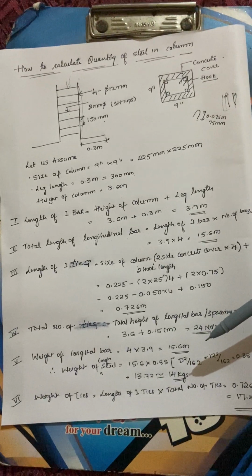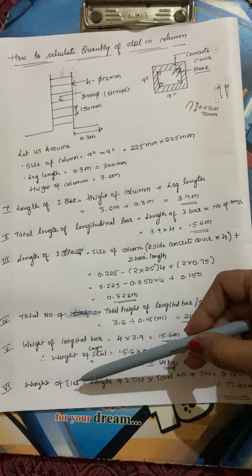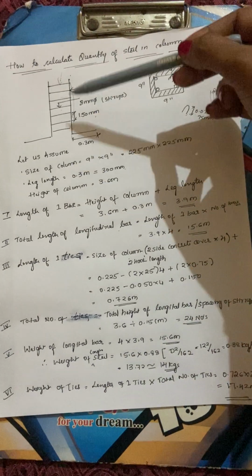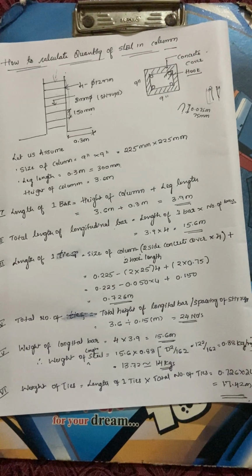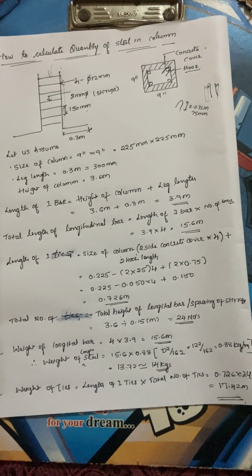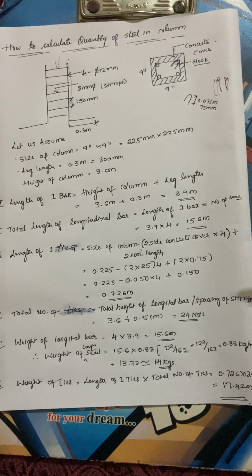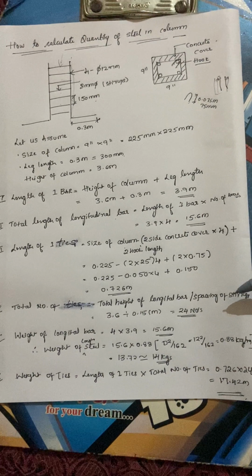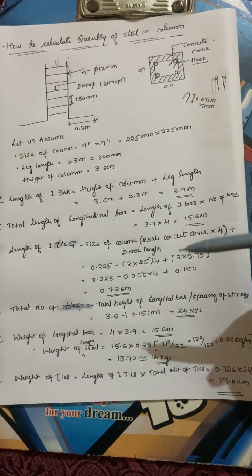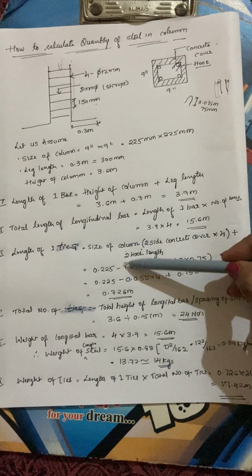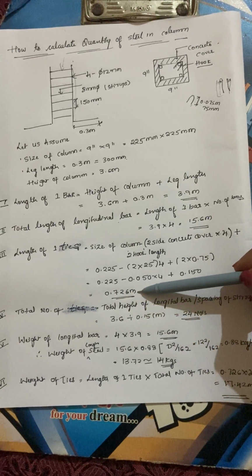Okay, then the weight of ties. We know there are 24 ties that we had taken. How do you calculate the weight of 24 ties? It is 24 into the length of one tie. What is the length of one single tie? That is 0.726 meter.